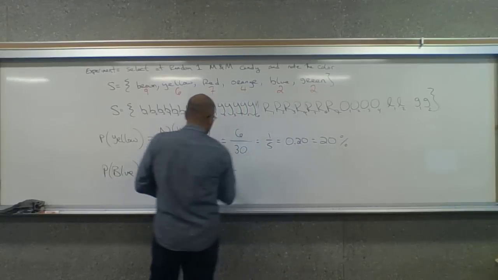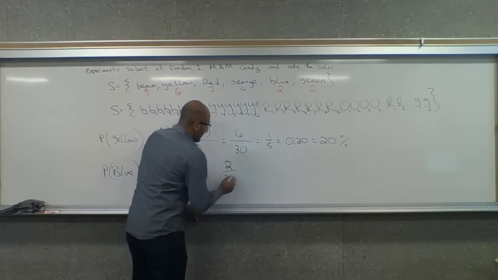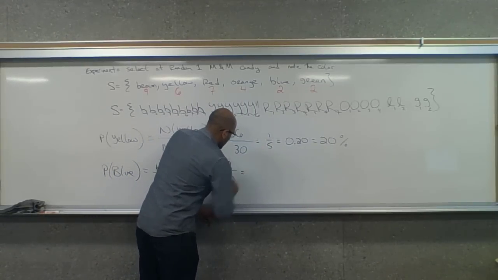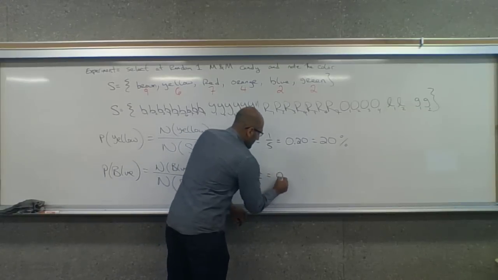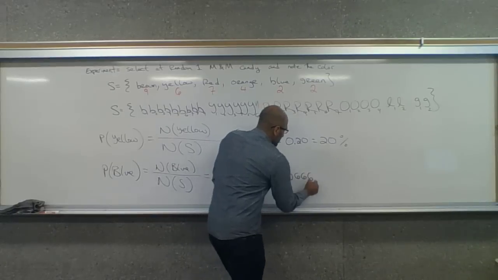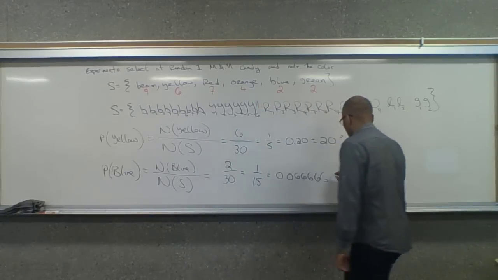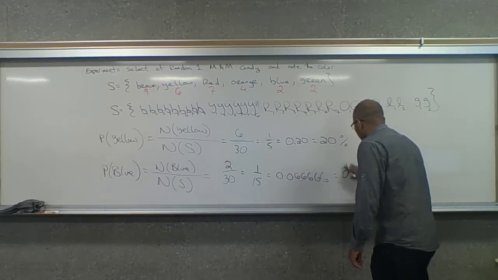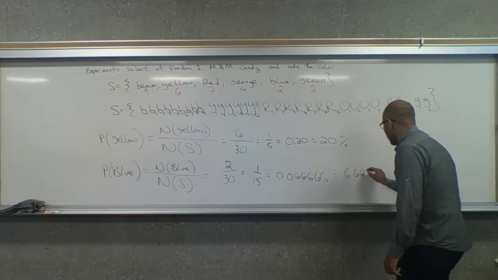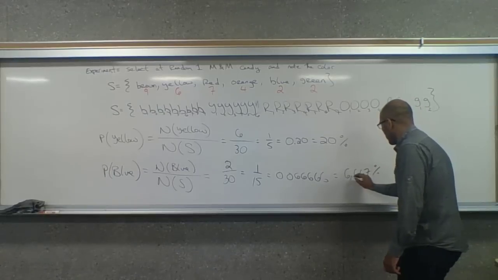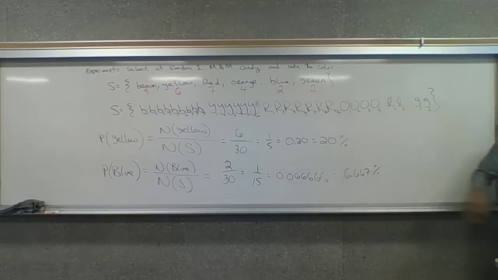Oh, sorry, yes, 2 out of 30, which is 1 out of 15, which is 0.06666666. So we can write it as 6.667%. We're good with that? Any questions?